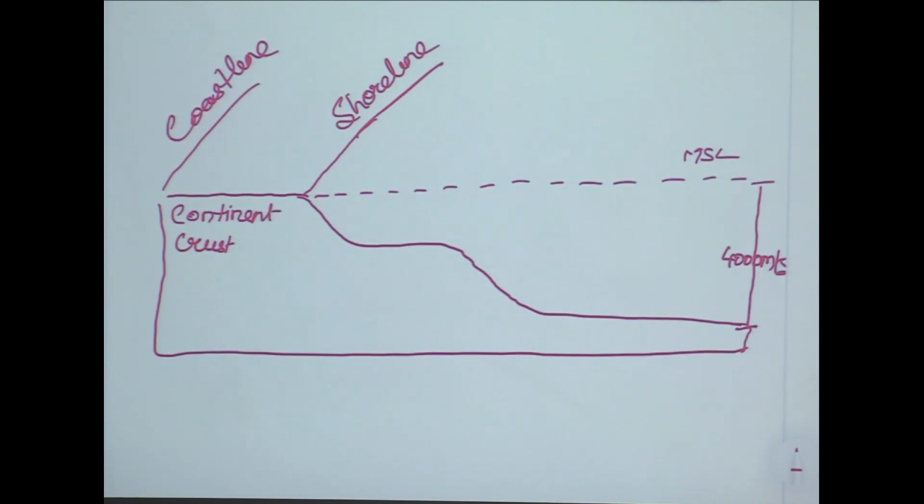This part is called continental shelf. This is called continental slope. And this is called deep sea plain.